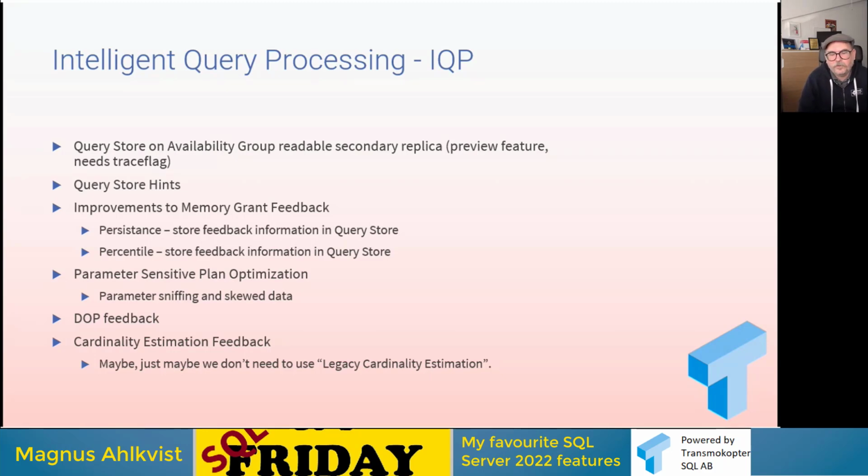But what if your queries sometimes need a big memory grant and sometimes need a small memory grant? If the execution plan contains a hash match, then you would need a memory grant which is as big as it needs to be based on the driver table to that hash match, because hash match is basically you have one source of data coming into the hash match that would build up a hash table, and that hash table needs to be as big as the number of values coming into it.